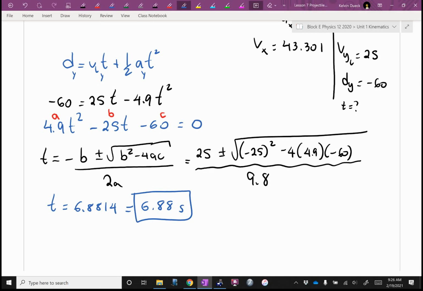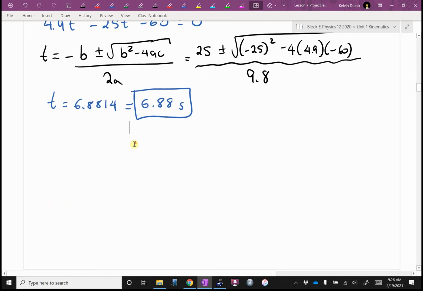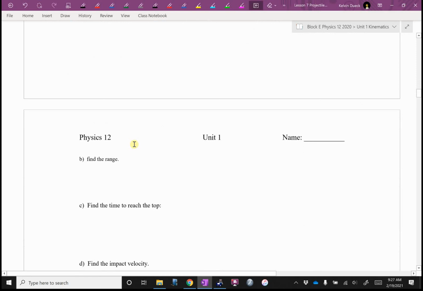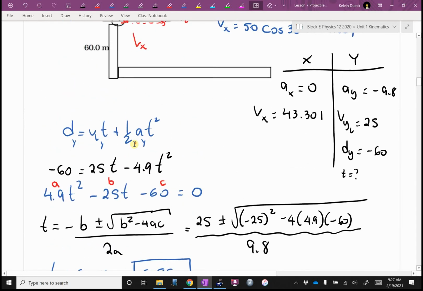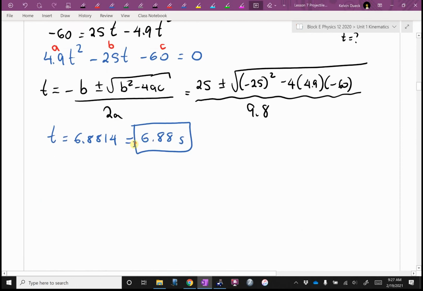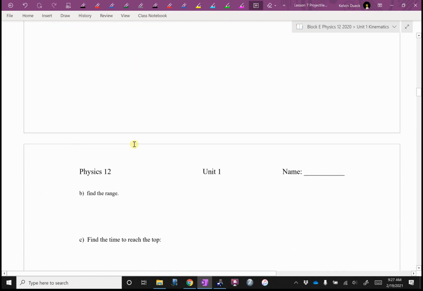Is there a part B on the next page? I think there is. Find the range. You'll notice I left you like a half page to find the flight time. I barely left you any room to find the range. Why is that?